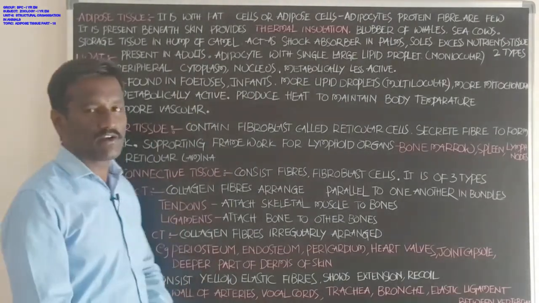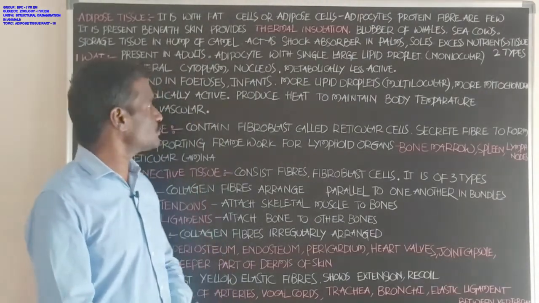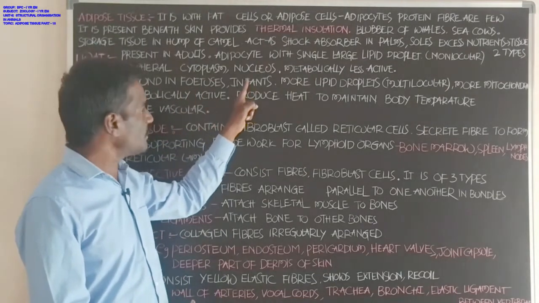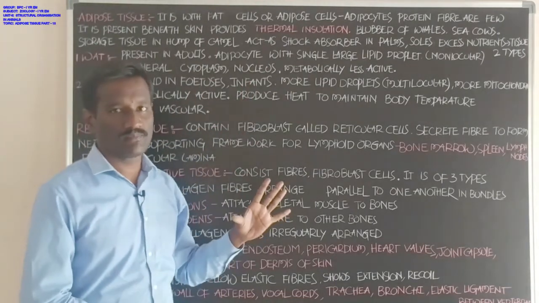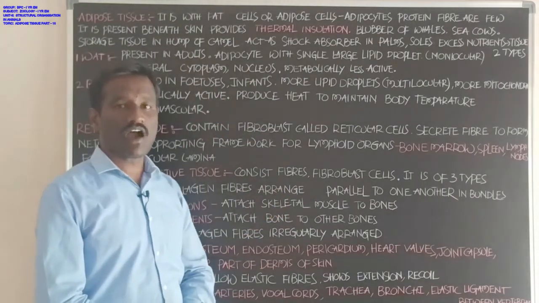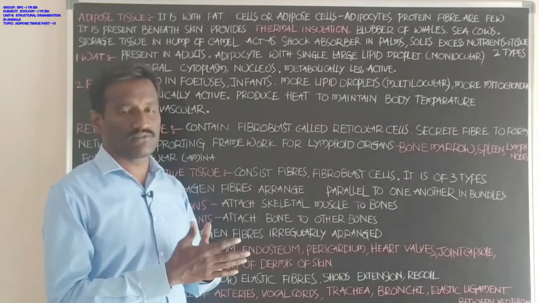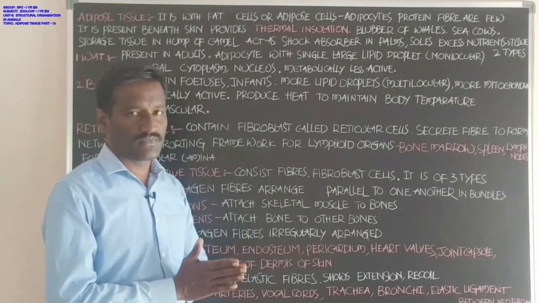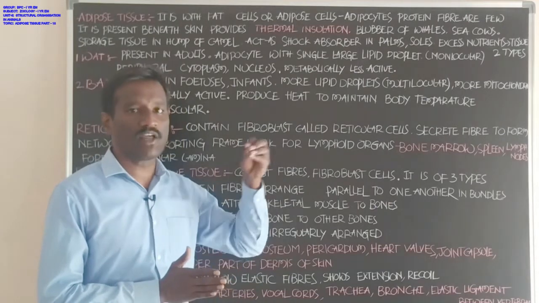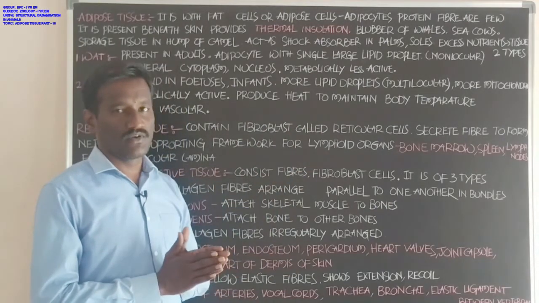Next, brown adipose tissue. Student, it is found in fetuses and infants. Infants means young babies. Fetuses are after 8 weeks from conception, developing in the uterus of the female reproductive system.